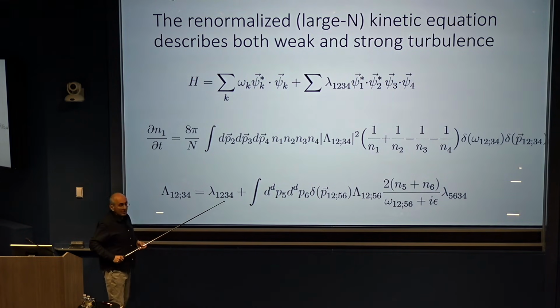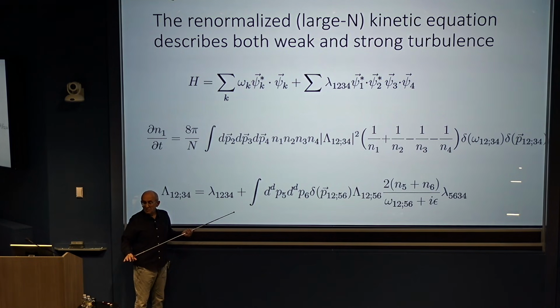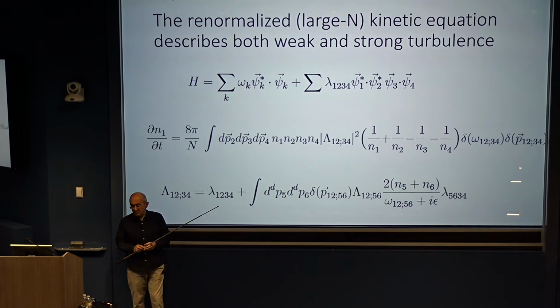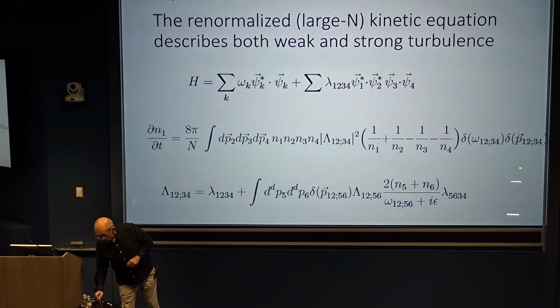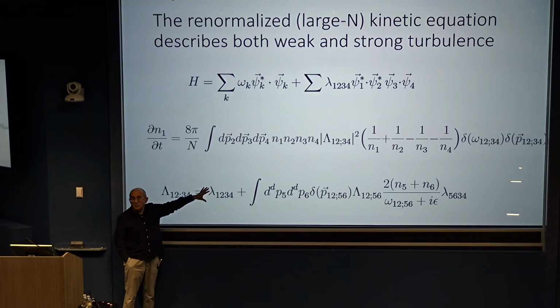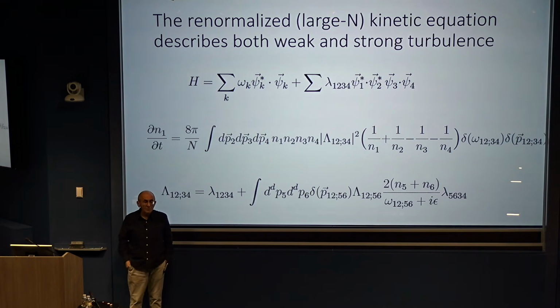In the limit of weak turbulence, you neglect this term, you have just the bare interaction. In the regime of strong turbulence, it could be that this is of order this, or this is of order this, which in our case was different between focusing and defocusing. So in this sense, I think this is a new equation in its most general setting. I think it's a very interesting mathematical object, and it gives physical results which are interesting and unexpected. So let me finish this point.